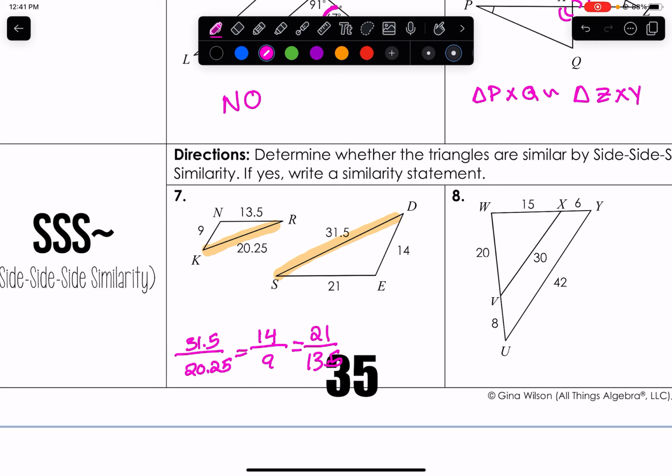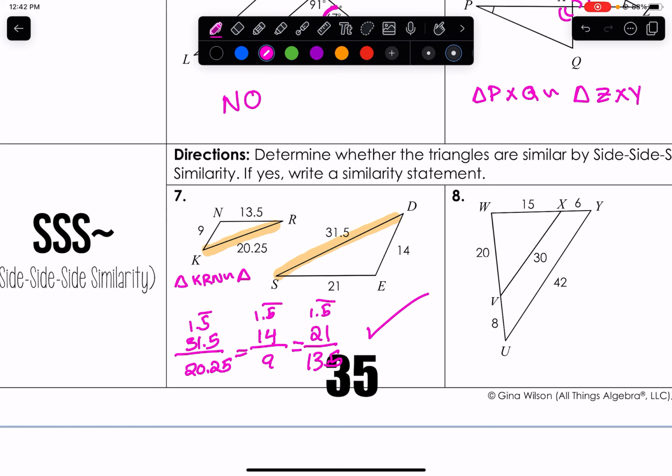31.5 divided by 20.25 is 1.5 repeating. 14 divided by 9 is 1.5 repeating. 21 divided by 13.5 is 1.5 repeating. So these are similar. So we would say that triangle KRN is similar to triangle. So we did KRN.